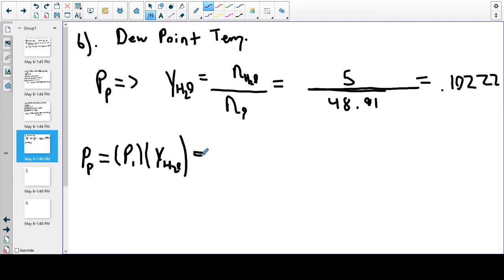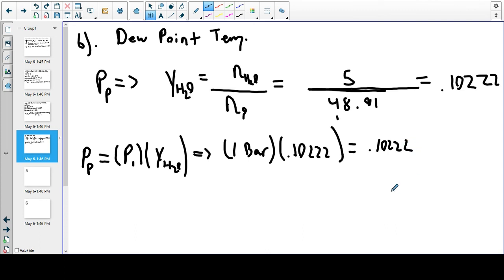So we have a partial pressure of 1 bar, I guess, 1 atmosphere, but they're very close to the same thing. And so then times our 0.10222, which gets us 0.10222.